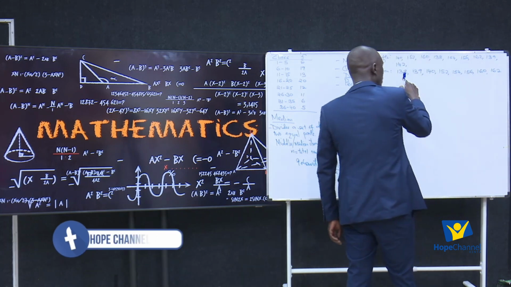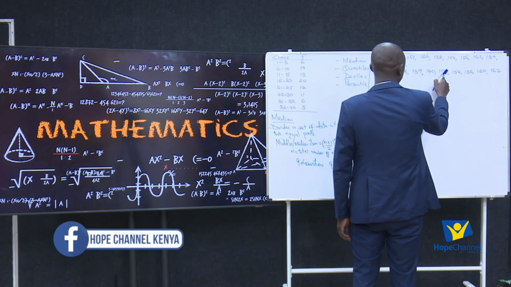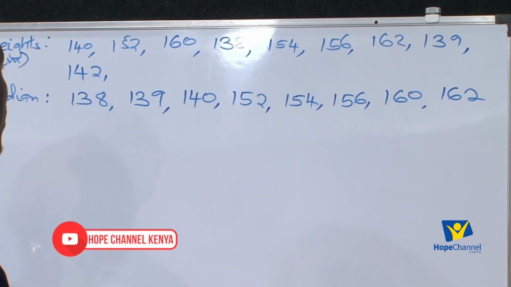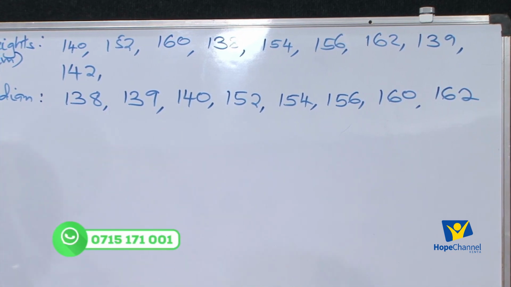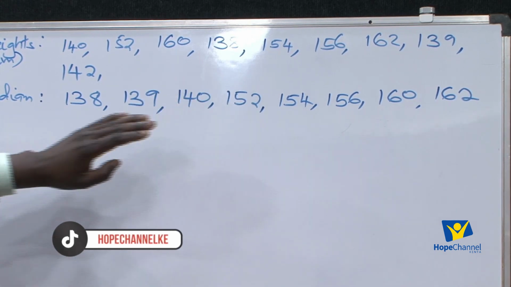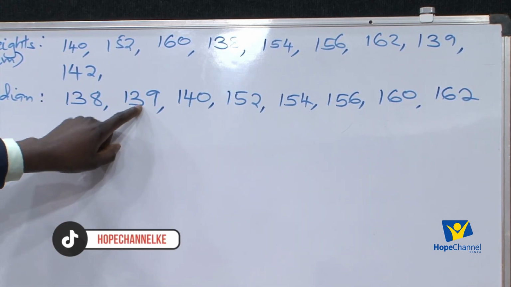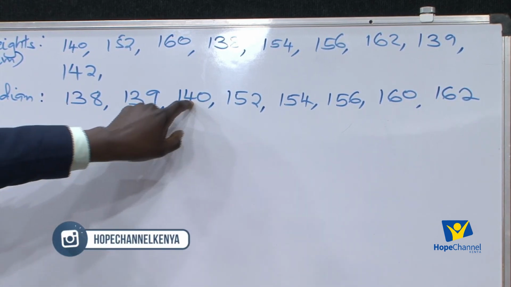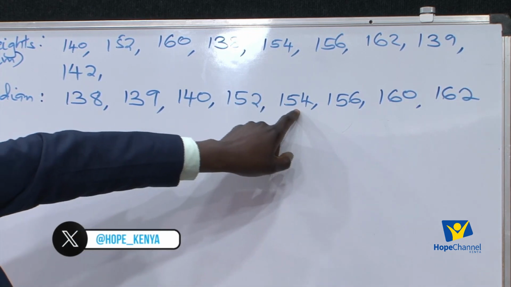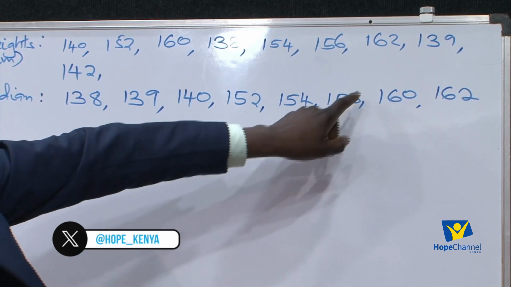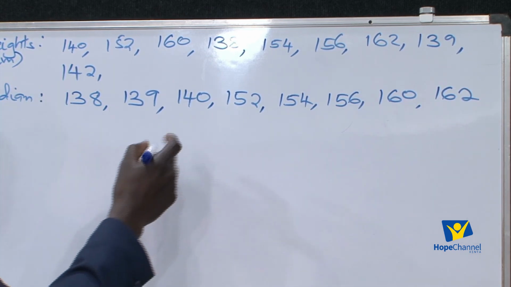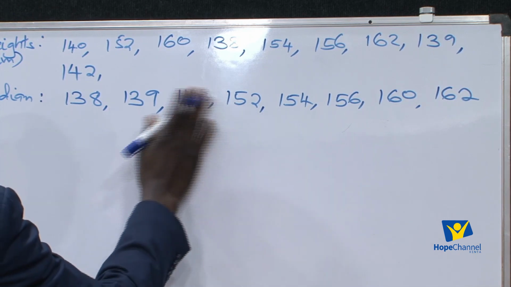So let me see, 1, 2, 3, 4, 5, 6, 7, 8. Which ones have we left? We have 138, 139, 140, 152, 154, 156, 160. Oh, there's 142 somewhere. We have left it out.